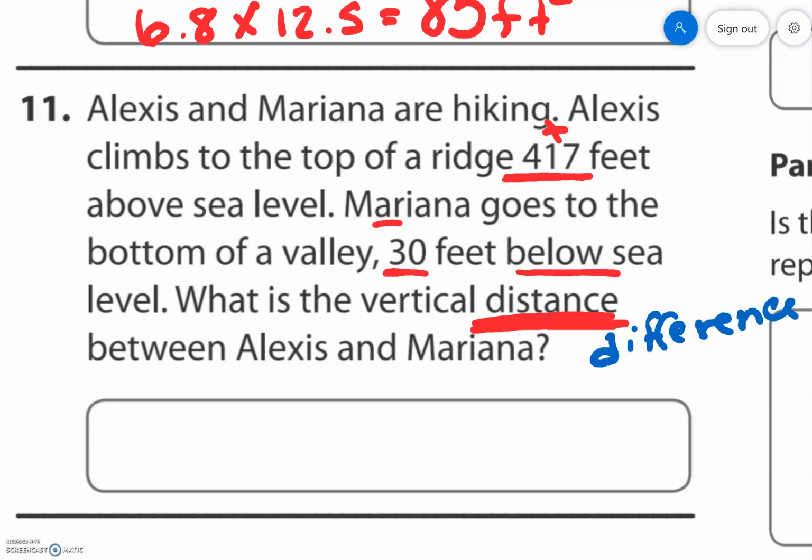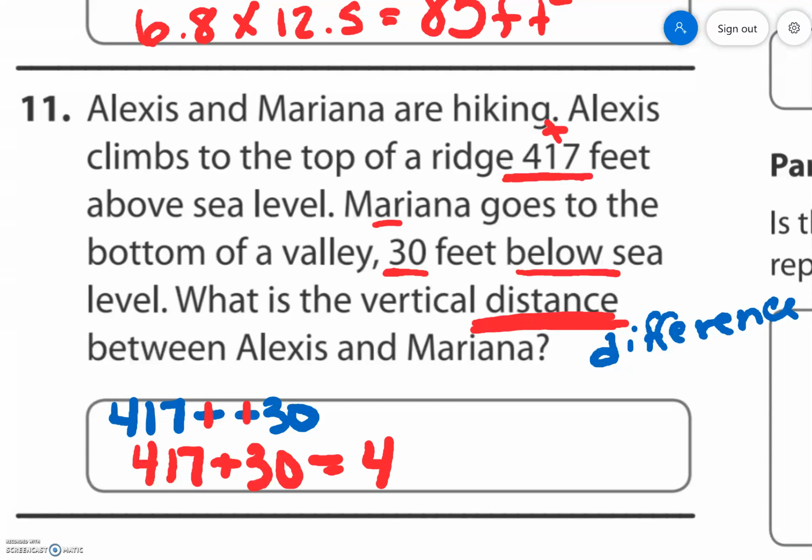Okay. So if we do 417, difference means subtract, and then we have 30 feet below, it's negative 30. I see the two negatives, I make them positive. So it's 417 plus 30, which gives me 447 feet. That is your vertical distance.